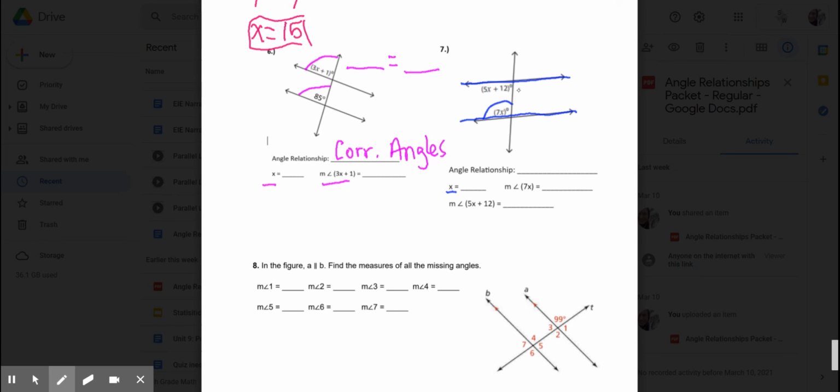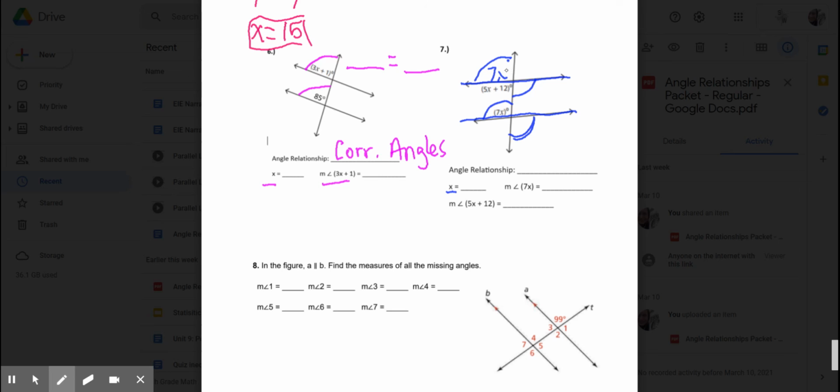It's the alternate interior to this angle over here. So that means those two angles in the interior are going to be congruent. The 5x plus 12 is not the same size. It's a different angle. The 7x is equal to this one over here because it's vertical to it. And the 7x is equal to the one above it over here because it's corresponding.